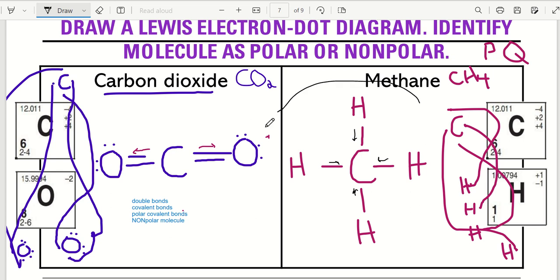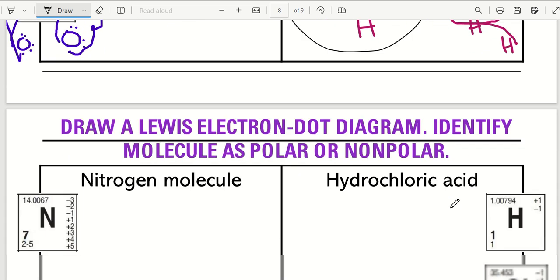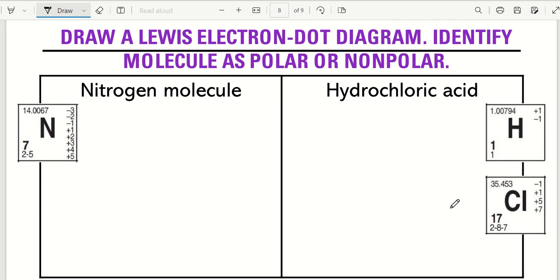This is called the tetrahedral shape. If you have a tetrahedral shape and all of the atoms connected are the same, then it's a nonpolar molecule. So nonpolar molecule here.